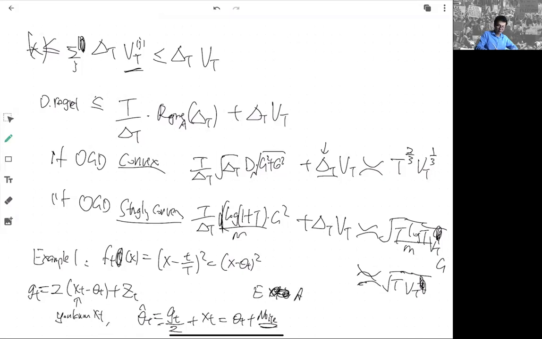I guess an algorithm that takes all the theta 1, let's call this yt to avoid the confusion, minus theta t square and sum over t. So this is a mean square error, right?